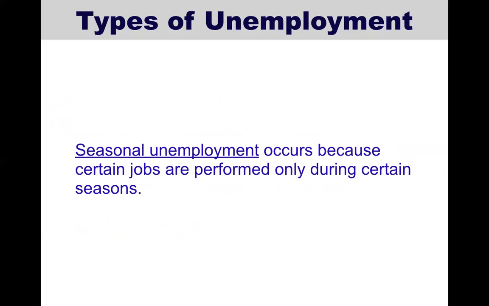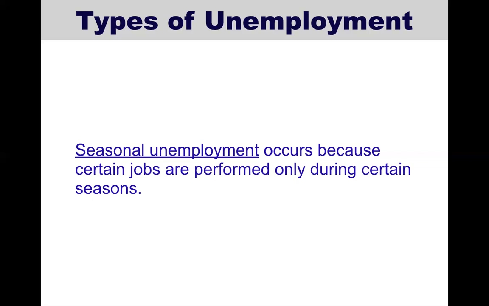During the summertime, there's a lot of agricultural work available. Let's say fruit picking. If you happen to be a fruit picker, then you're going to be employed in the summer. However, during the winter months, there's no fruit to pick. Therefore, you're going to be unemployed. You are seasonally unemployed in the winter.